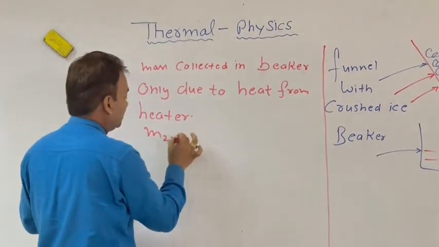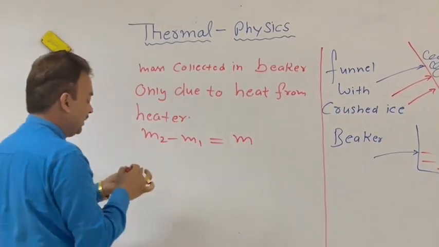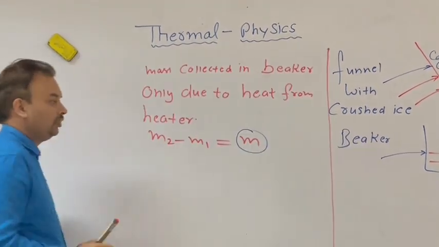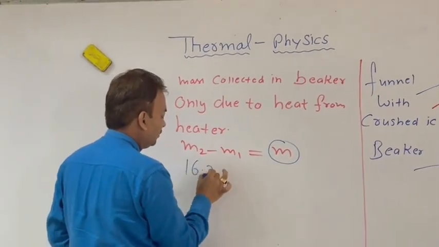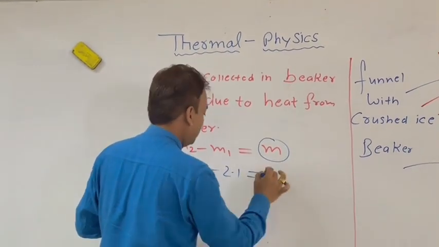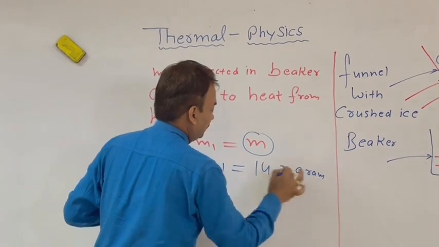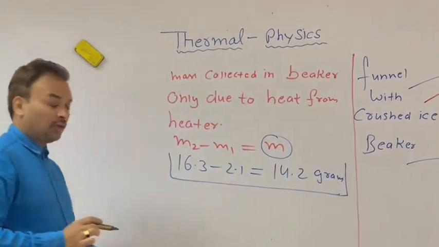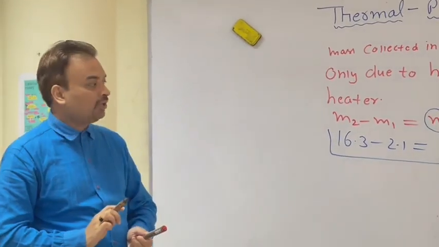M2 minus M1 will give the mass M. So this mass M will be the mass only due to heat from the heater. So 16.3 gram minus 2.1 gram, we will get 14.2 gram. Okay, so 14.2 gram is the mass collected in the beaker only due to the heater, right?